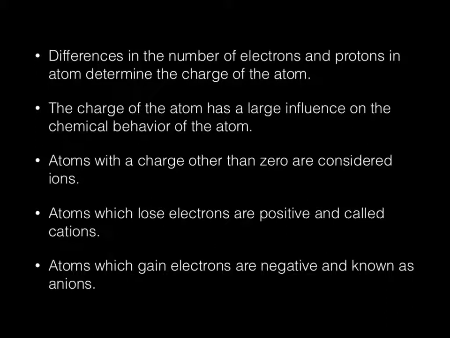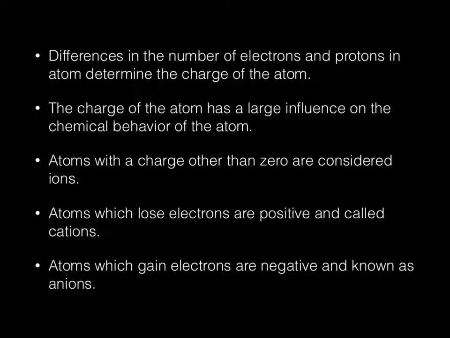The charge of the atom has an influence on the chemical behavior. If you've got an atom that's a +3 charge versus an atom that's a +1 charge, that +3 charge atom will be more reactive because it can bond with more things. If you've got an atom that is -4 versus -1, the -4 atom will probably be more reactive.